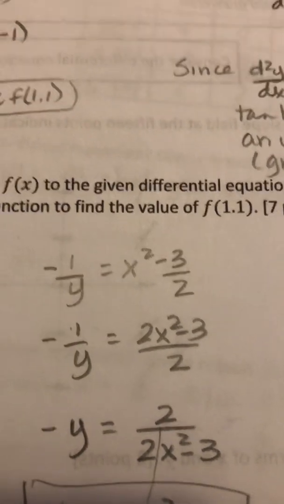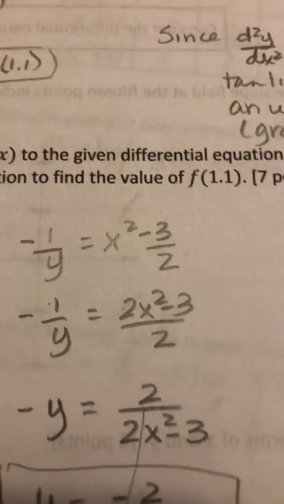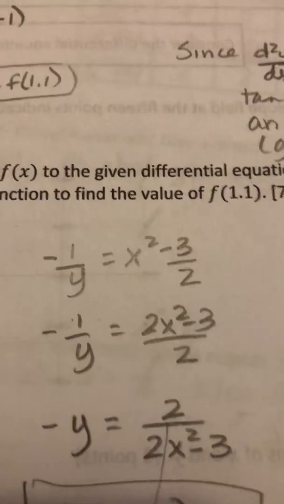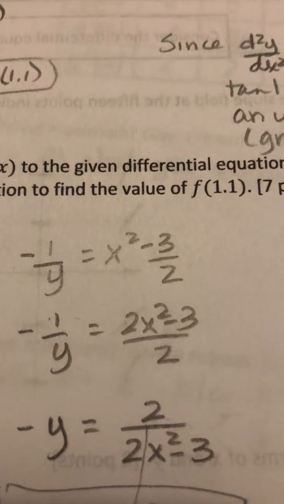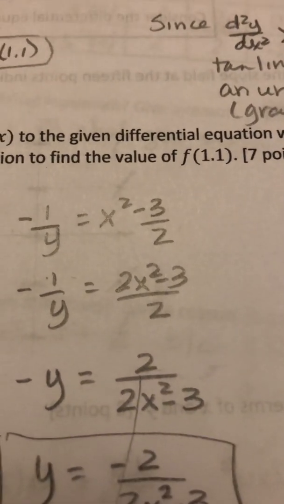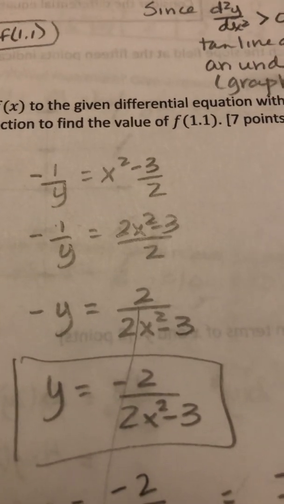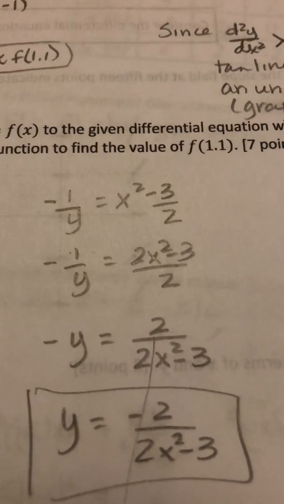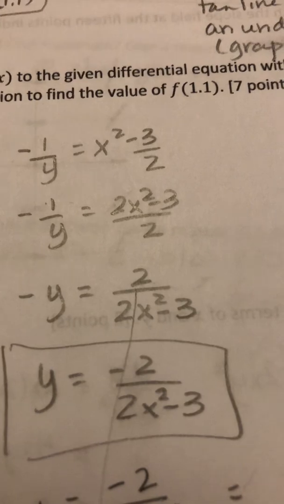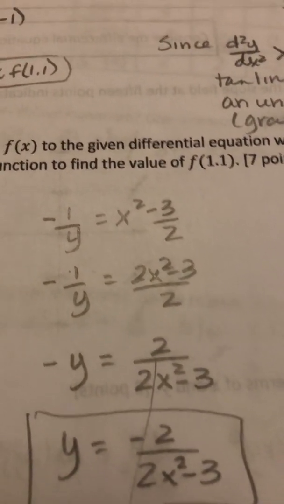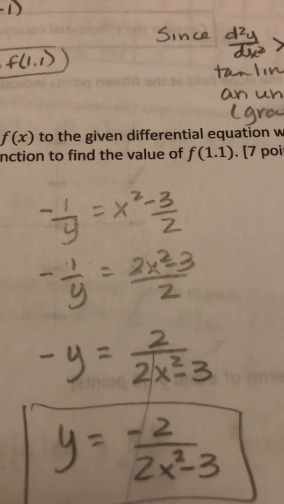So we get (2x squared minus 3) all over 2 equals negative 1 over y. Why did I do that? So we could flip both sides. So negative y equals 2 over (2x squared minus 3). So divide both sides, or multiply both sides, by negative 1. We get y equals negative 2 over (2x squared minus 3). You only negate either the numerator or the denominator, not both.